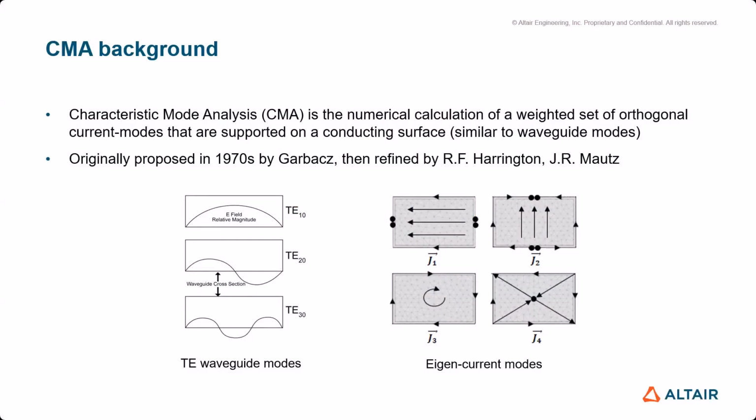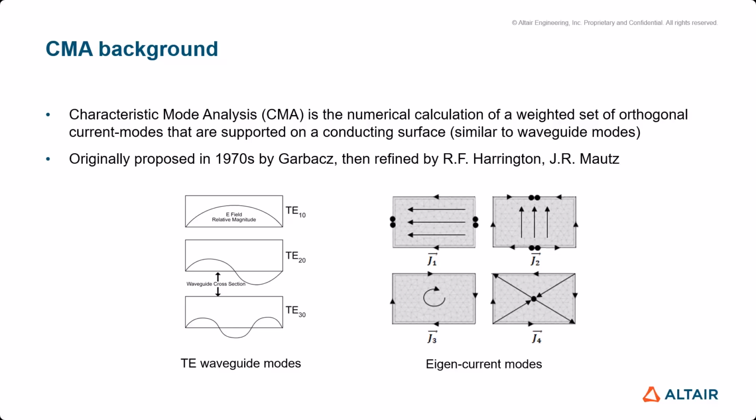So the method of characteristic mode analysis is the numerical calculation of a weighted set of orthogonal current modes that are supported by a conducting surface. These modes are similar to waveguide modes, the difference being that waveguide modes are the propagating modes in some contained environment, while characteristic modes are radiating modes in an open environment.